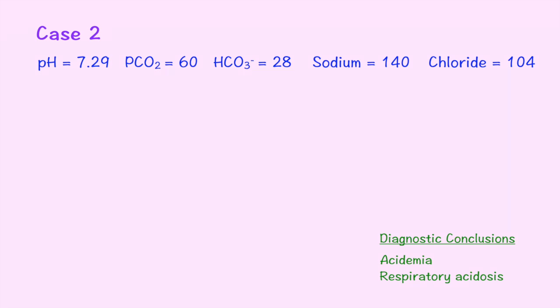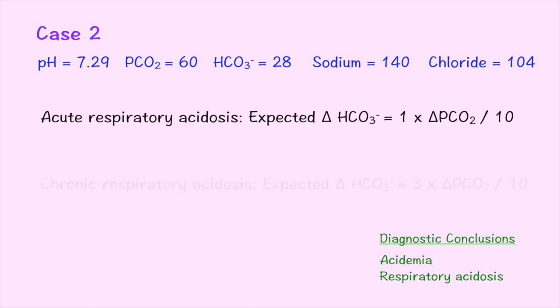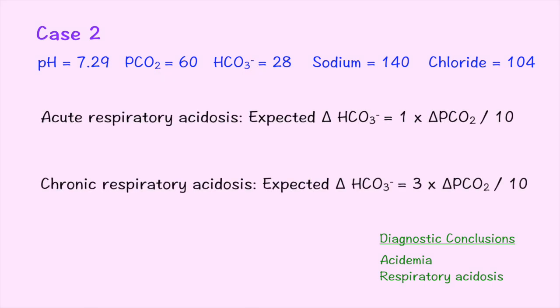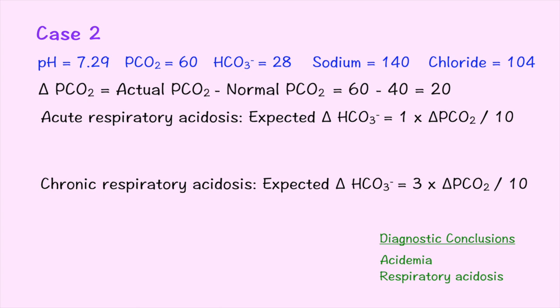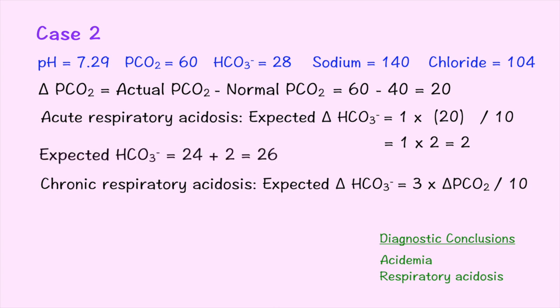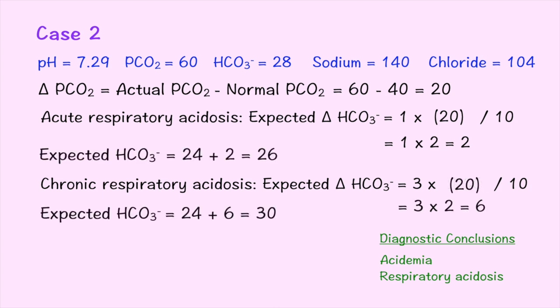Is all this chronic or acute? Just revisit the equations if you're eager to compute. 2 groups of 10 is just how much the CO2 is askew. Acutely then, the bicarb should be 24 plus 2, and chronically the level should be 24 plus 6. But I chose 28, halfway between them, just for kicks.